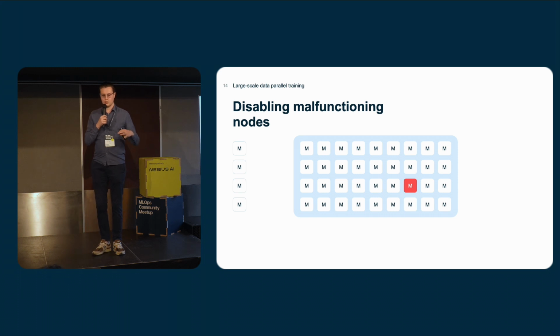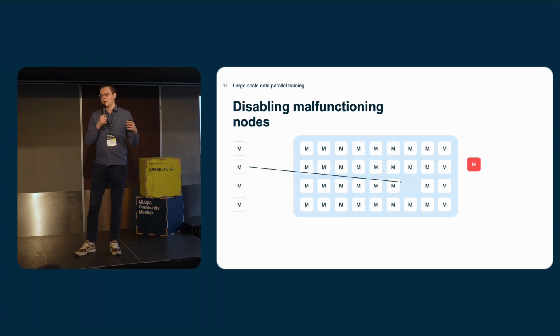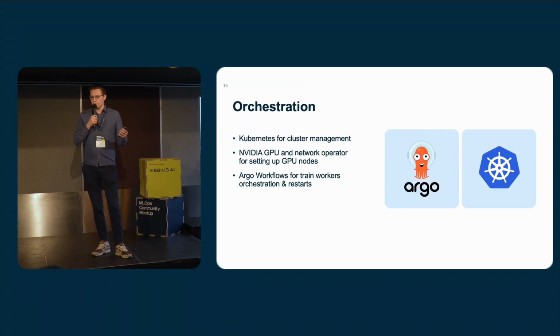It's also important to ensure very good hardware utilization and automation. We want to quickly and automatically detect broken nodes and replace them with good ones.